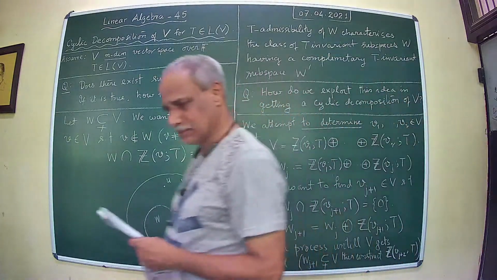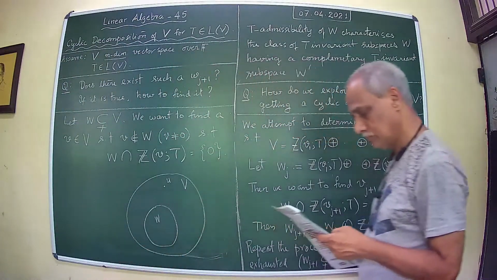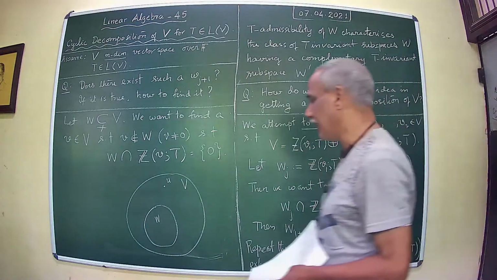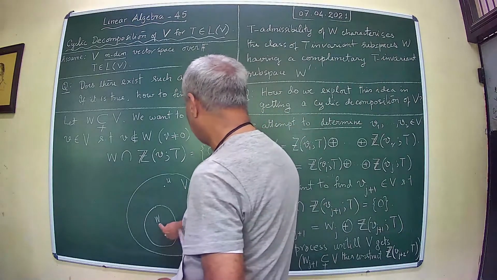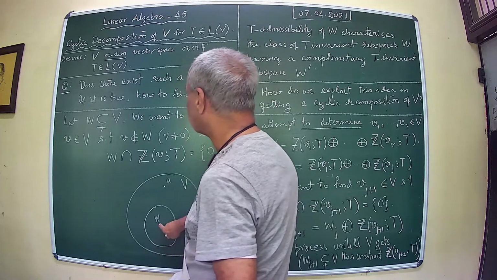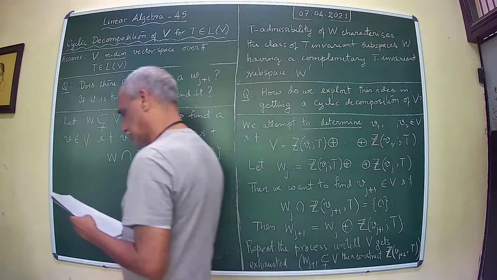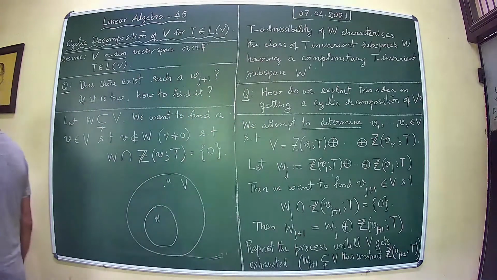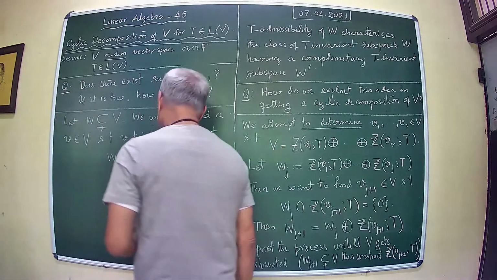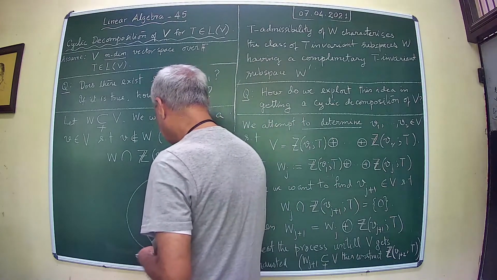So let us make note of this part. And then we use the property of W, or the assumption that W is T-admissible. Okay, right? So if W is T-admissible, then this is what happens.